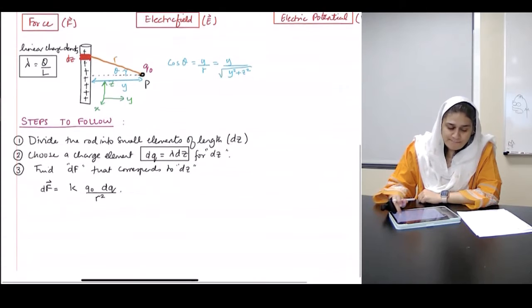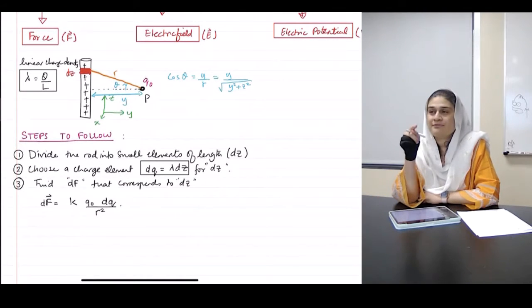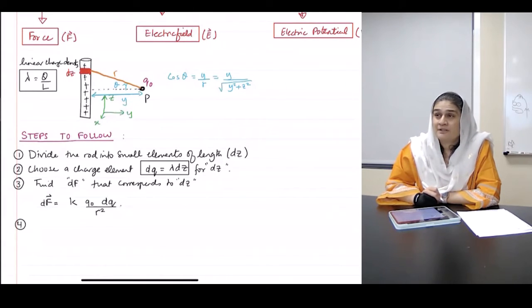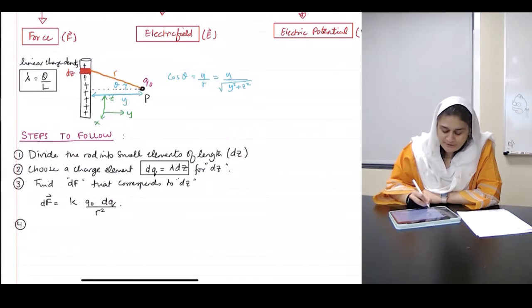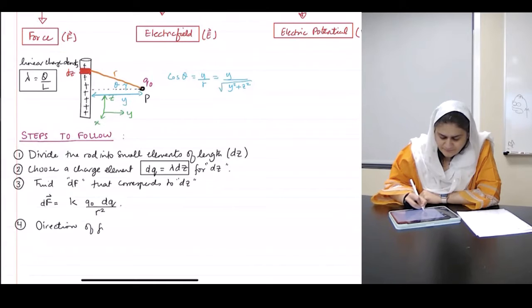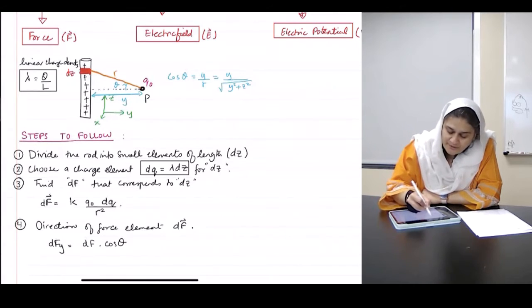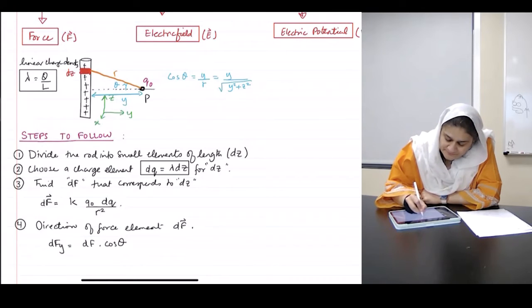Now, step 4, I have to find F, right? I have to find the force. Since force is a vector, I have to take into account its direction. So may I write dfy as df cosine of theta, where dy is this element.